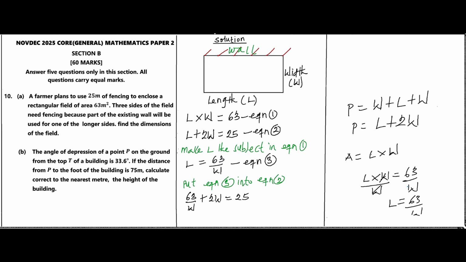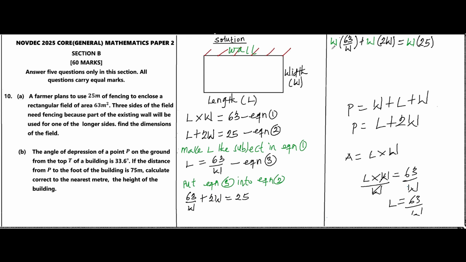So we need to simplify this by multiplying each term by the LCM. In this case, the LCM here is W. So we are going to multiply each term by W. We have W multiplying the first term, which is 63 on W, plus the second term multiplied by W, so multiplying 2W, and this must be equal to the third term also multiplied by W, so 25W.